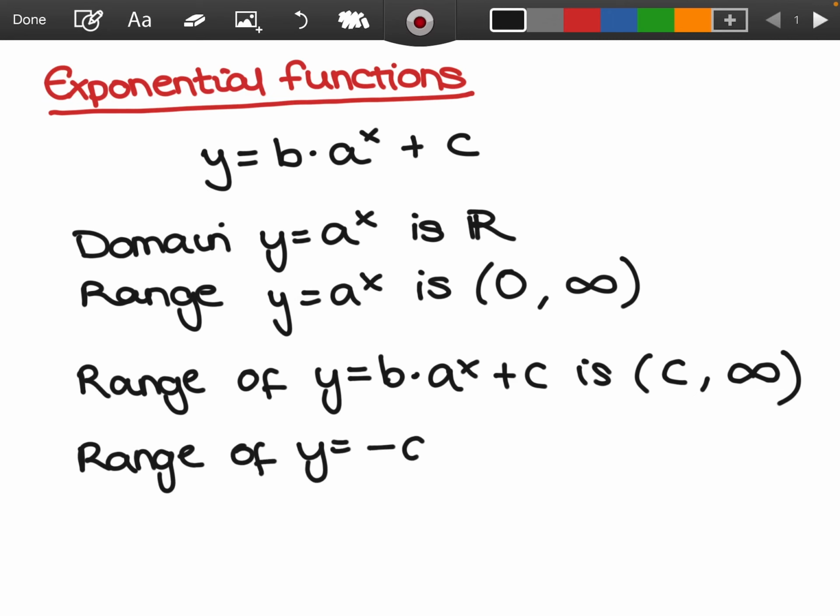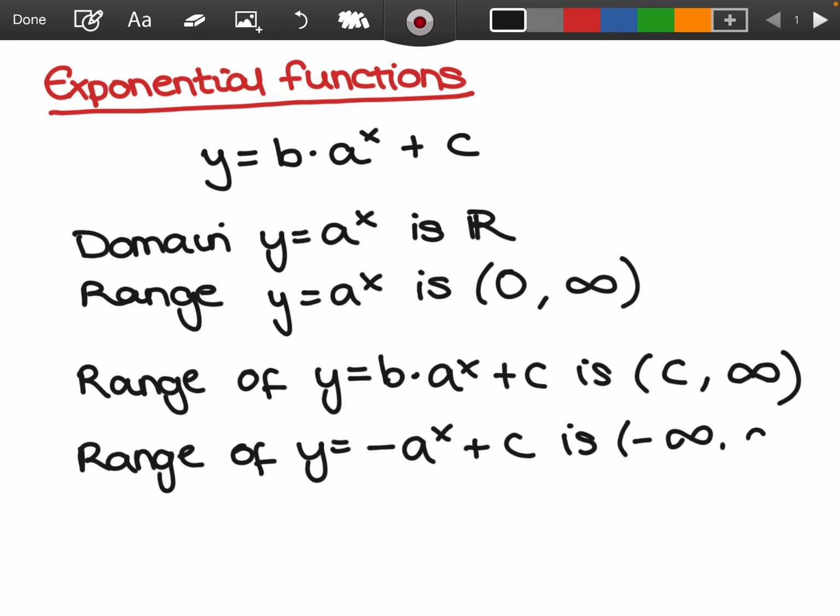The only thing that's different is if I've got a negative in front of a to the x. What does that do? Well, it flips our graph over the x-axis. We looked at a particular example of this in our last video. If that b is negative, we're flipping our a to the x graph over that x-axis, over y is equal to 0, which will then make the range of it negative infinity to 0.